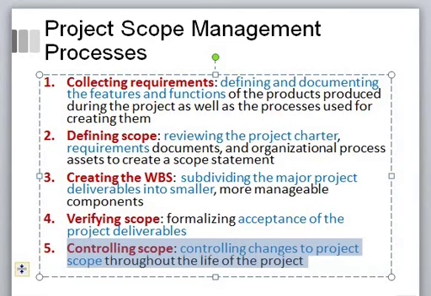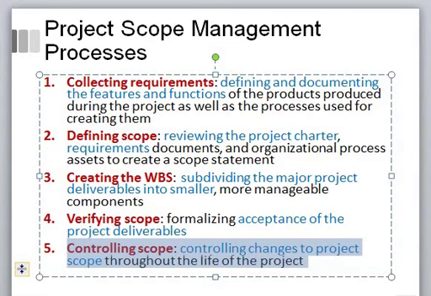So, for effective project scope management, it is important to consider the 5 key processes. Number 1, you need to define and document the required features and functions as well as the processes needed to deliver the product produced in the project, which is called the collecting requirements process.